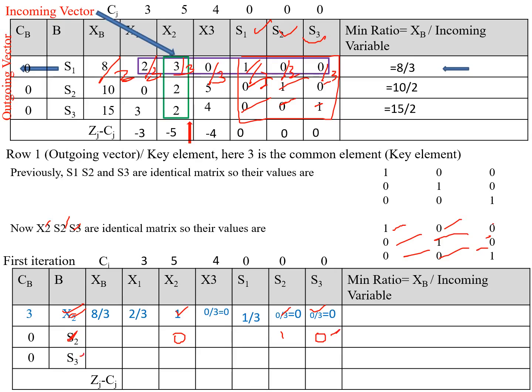Similarly, S3, S3 1 will come here. Next S3, S2 is 0, S3 and X2 will become 0. So now I have to modify these values. So these values will become 0, 1, 0, 0, 0, 1.